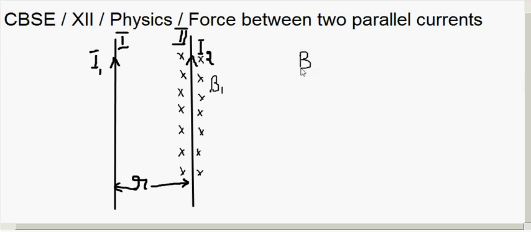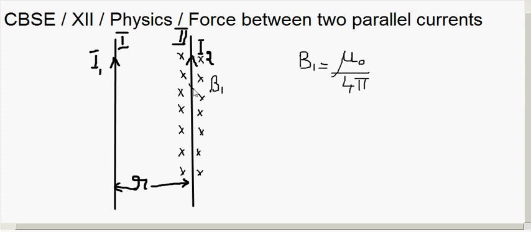We wrote the equation for B1 as mu naught by 4 pi into 2 I1 by r. So we are calculating at distance r.